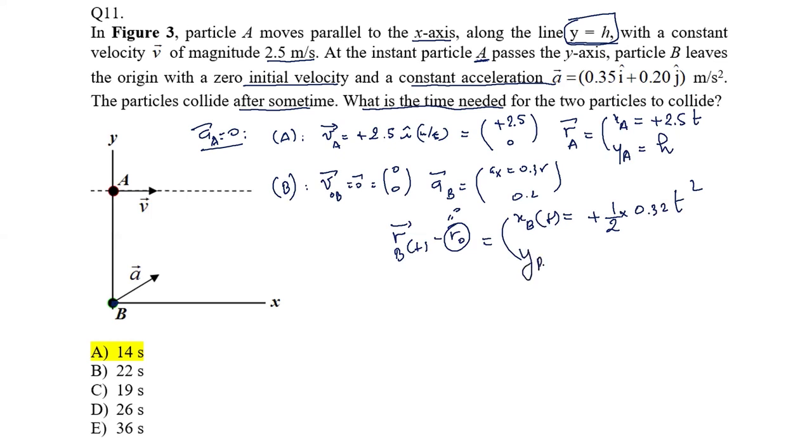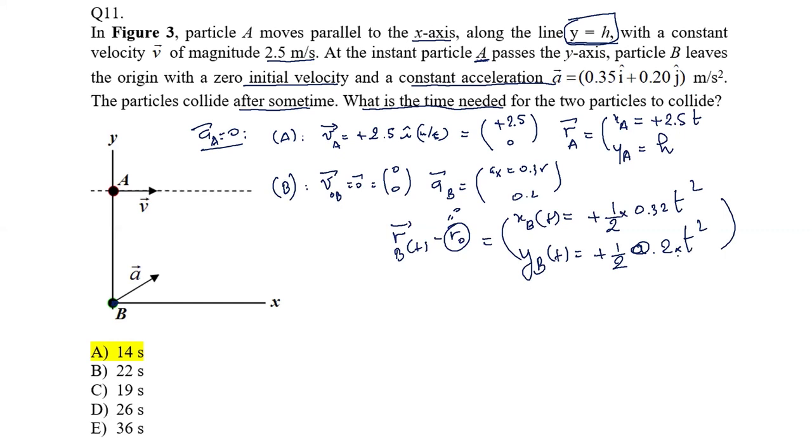And YB at any time is equal to Y naught, which is 0, plus V naught BY, which is 0, multiplied by t, plus half AY, where AY is 0.2, multiplied by t squared.